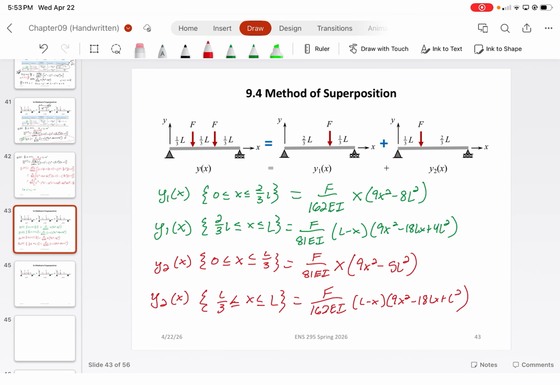And then finally, you would just use those equations and plug in different values for x. As long as the x values of y1 of x and y2 of x coincide with each other and are within the bounds, you would get the total deflection of those points.